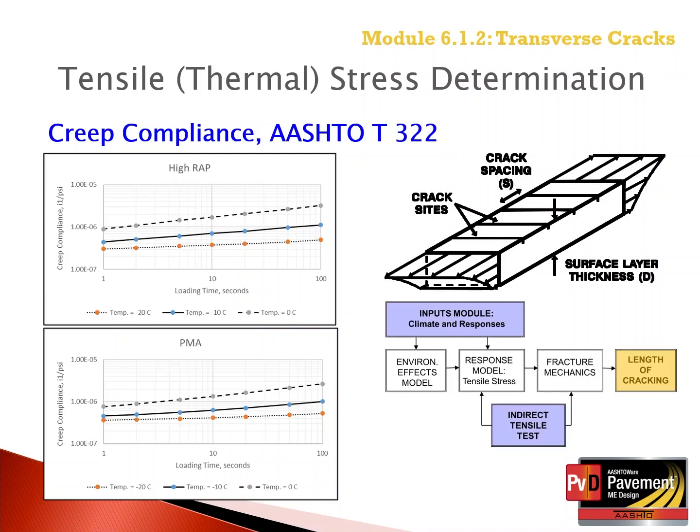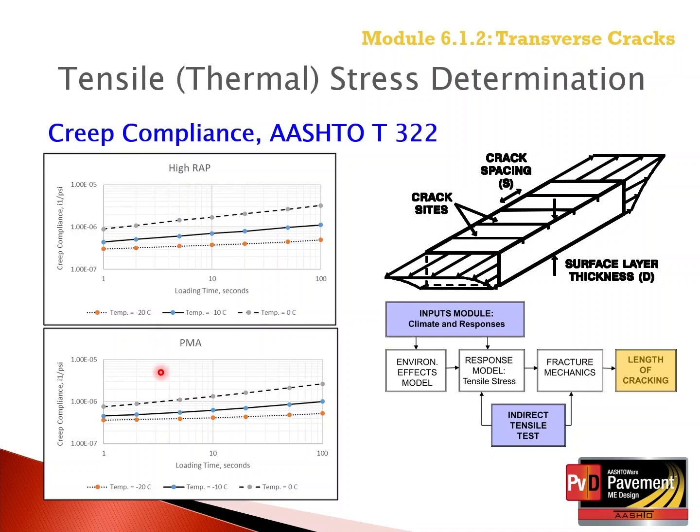Examples of the creep compliance test results are displayed on this slide. Two examples are provided, as shown on the graphs on the left hand side of the slide. One is for an asphalt mixture that has high RAP content, and the other is for a polymer modified asphalt without RAP.